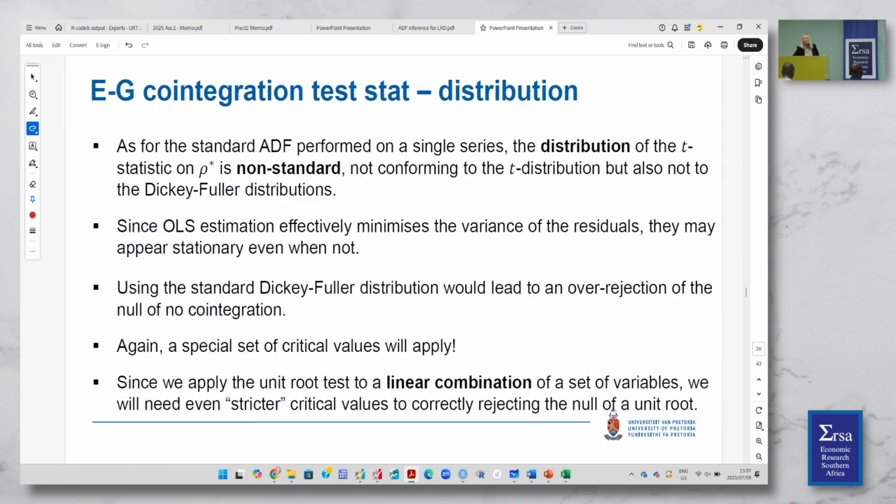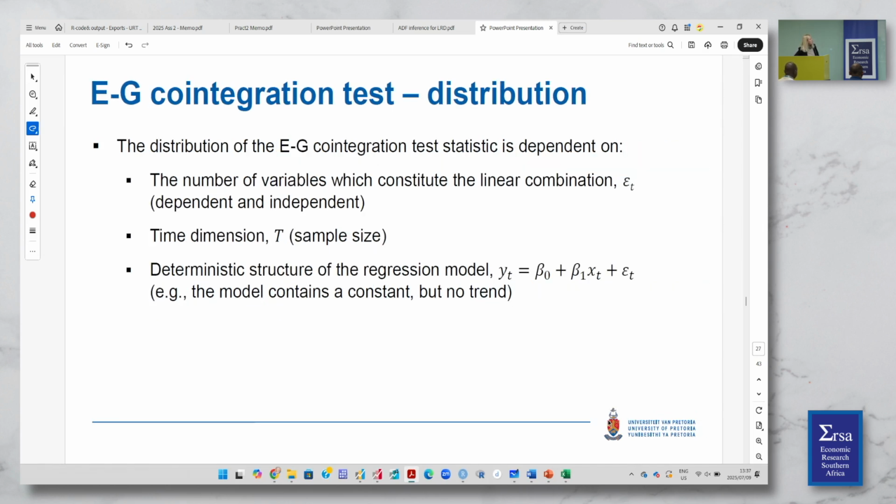Okay, welcome back. For this session, we're just going to follow through on the practical application of that co-integration test. So as we said, that unit root test is a simple unit root test. It's even simpler than focusing on one single variable.